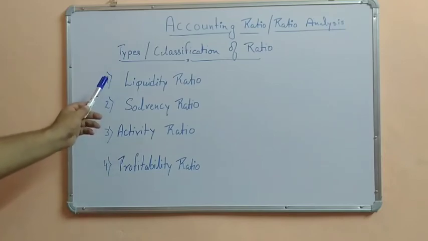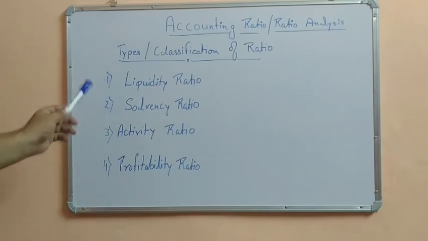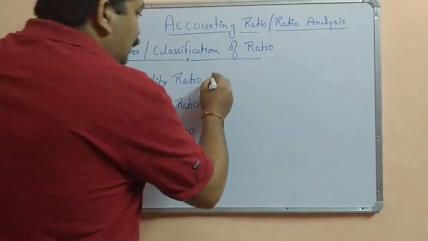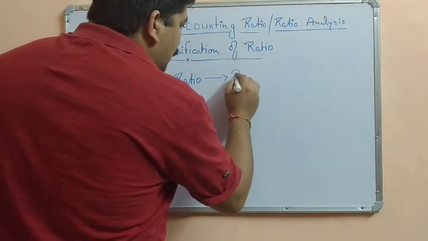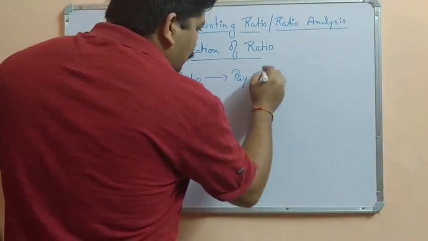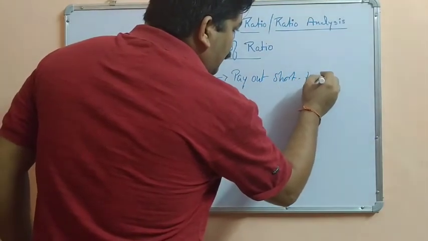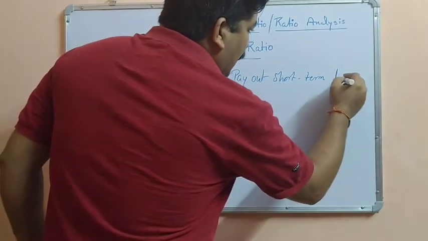Liquidity ratio. What is liquidity ratio? Liquidity ratio is the ability of the firm to pay out short term liabilities.